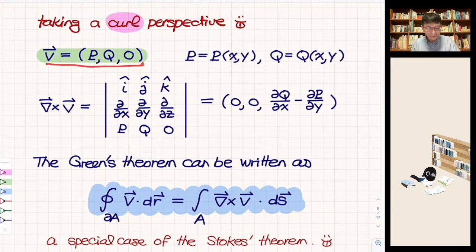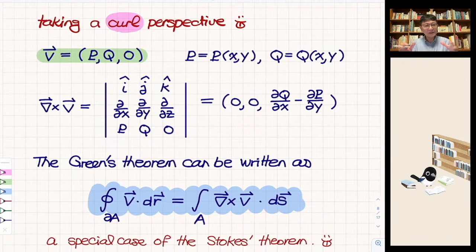You can actually write v dot dr, and since the third component is 0, it simplifies to the form of P dx and Q dy. So indeed, the left-hand side can be written this way. And don't forget, area can be treated as a vector.